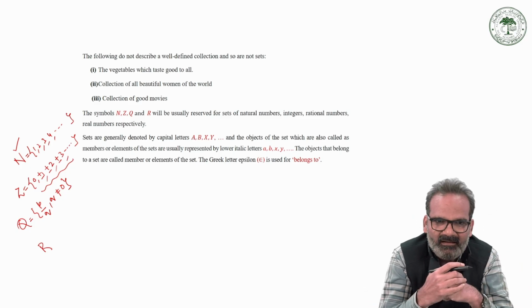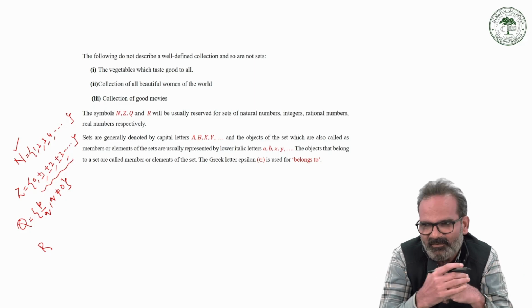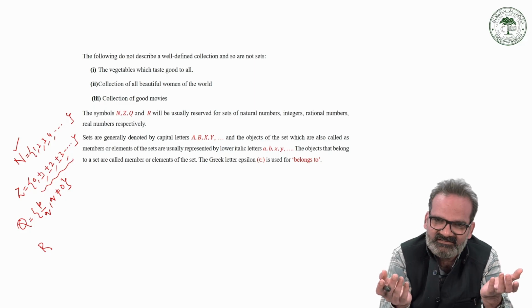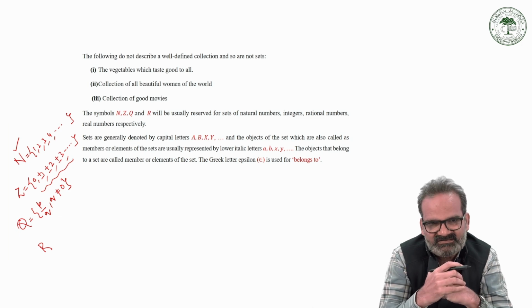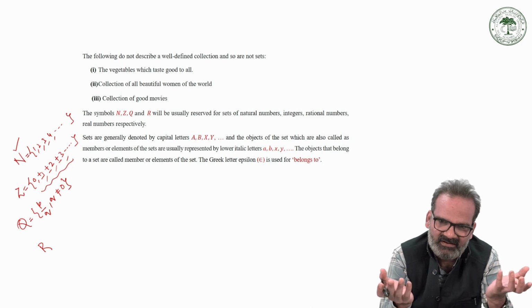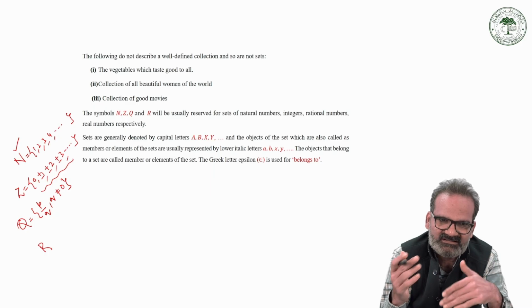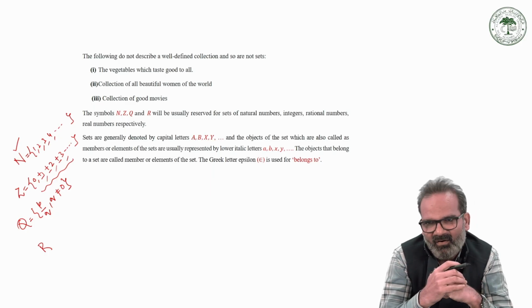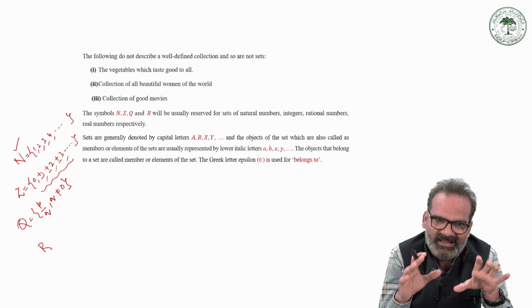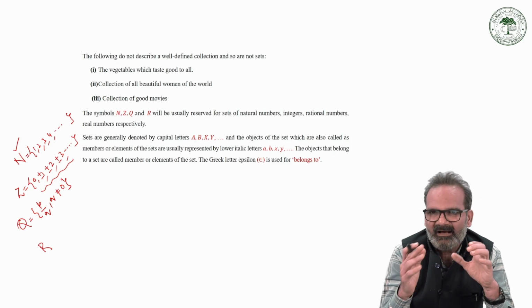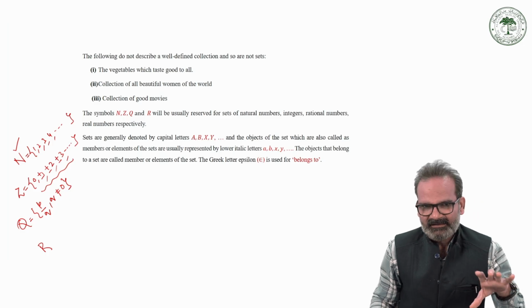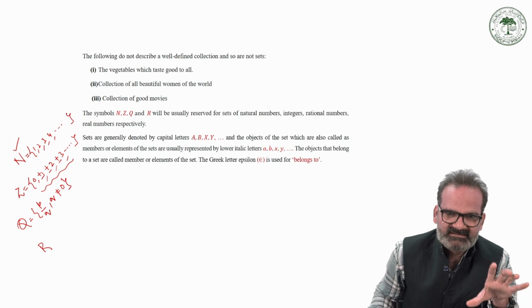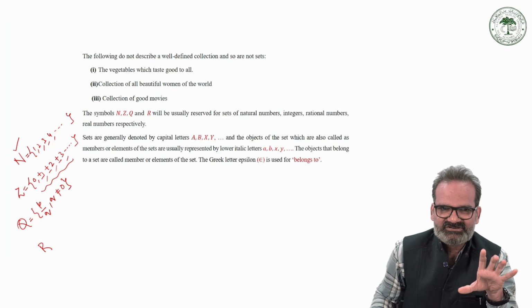Finally, Q: every number of the type p upon q we know is a rational number. Therefore, the collection of all such numbers is also well defined. And likewise, R is a mixture of all these three, N, Z, and Q. So R is also a set. So N, Z, Q, and R are considered standard examples of sets because they all satisfy the formal definition of a set.